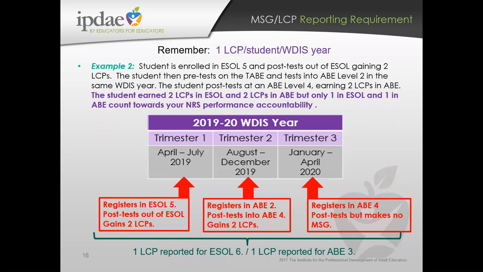So in this case, the ESOL LCP at functional level 6 is reported in addition to the ABE LCP at functional level 3. So you're able to report 2 LCPs within this WITIS year because each program functional gain is reported separately. And guys, please remember again that your district may refer to the WITIS year as an NRS reporting year.